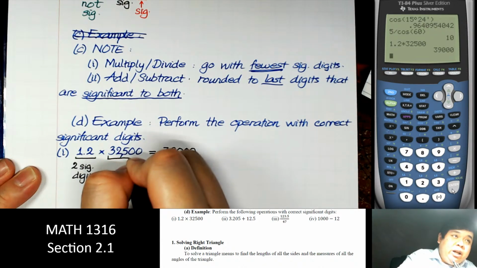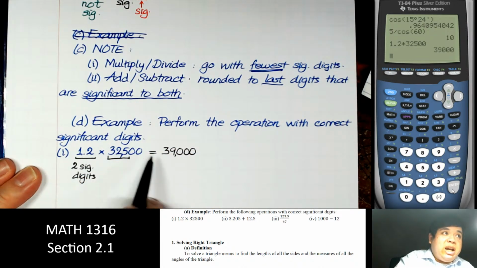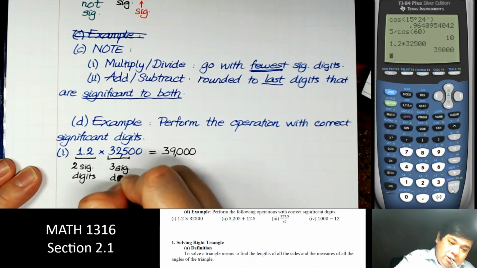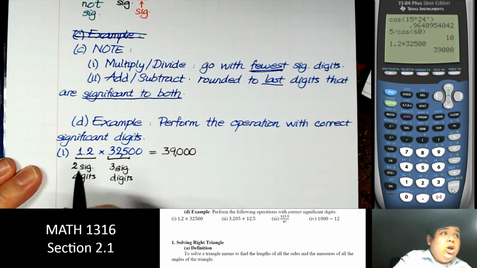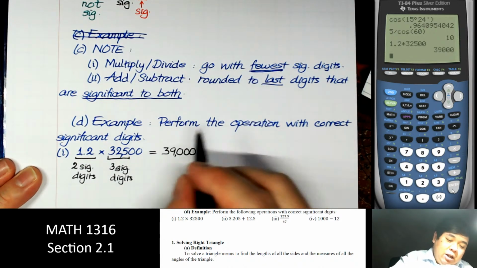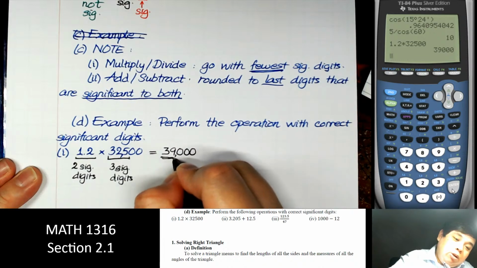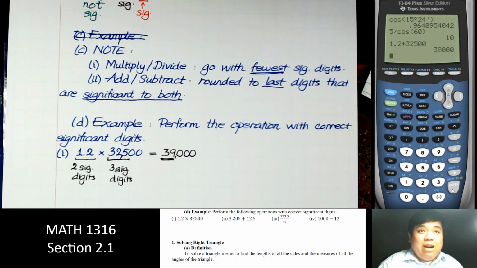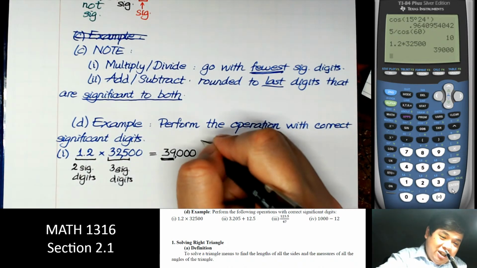And here we have 3. The trailing 0 doesn't count. So we have 2 and 3, and we're going to go with the fewest one. So the answer should only have 2. Now, the tricky part is I have to make some change here.